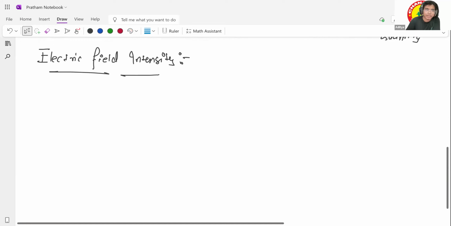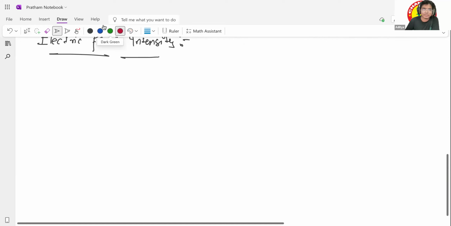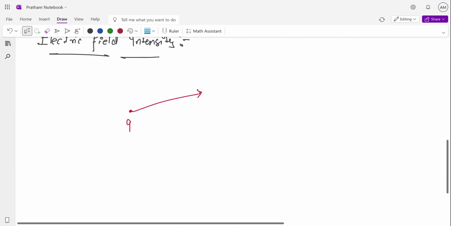let's say any random point I'm going to take, and from here I'll have a line like this. On this side I have a charge. This charge itself has a magnitude and a direction.